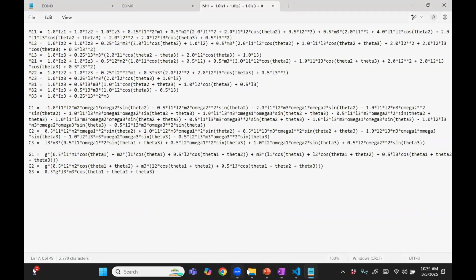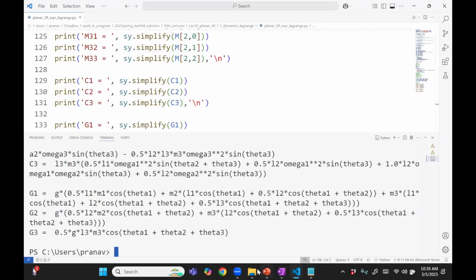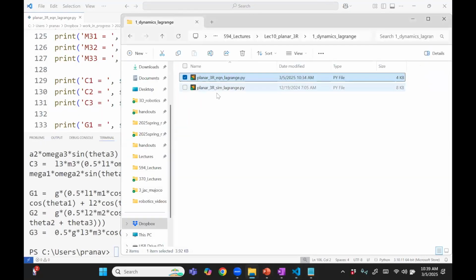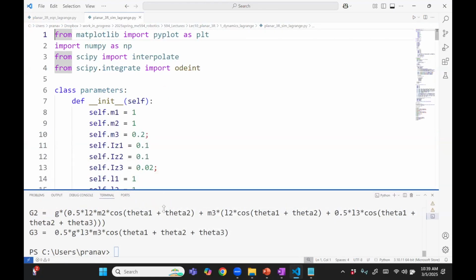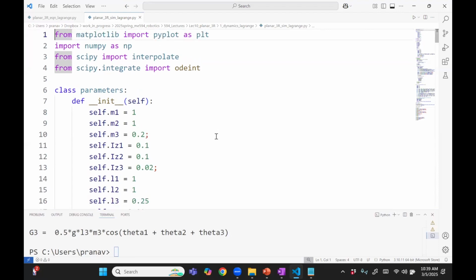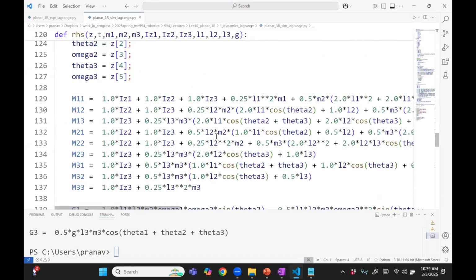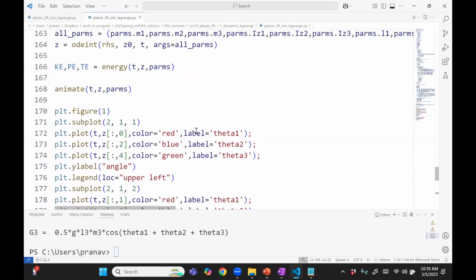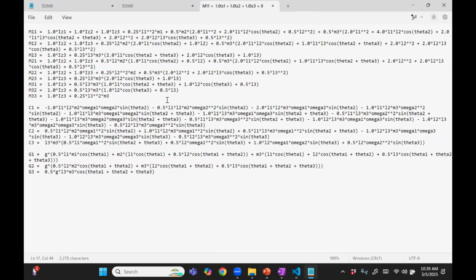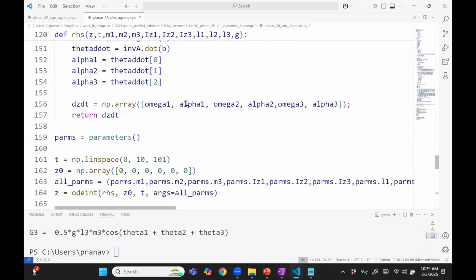So let me drop that code. Okay, this code is, I hope, not too long. It's about 200 lines of code, but what I need to do is take these equations and pass them to the integrator. So a chunk of this code is taking these equations and copy-pasting them inside.